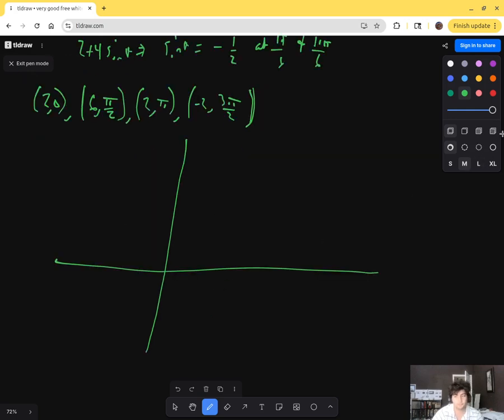So we have 2 comma 0, 6 pi over 2, so that's way up here, 2 comma pi, and negative 2, 3 pi over 2. We're going to switch that up to here. It's always hard to figure out how to draw.